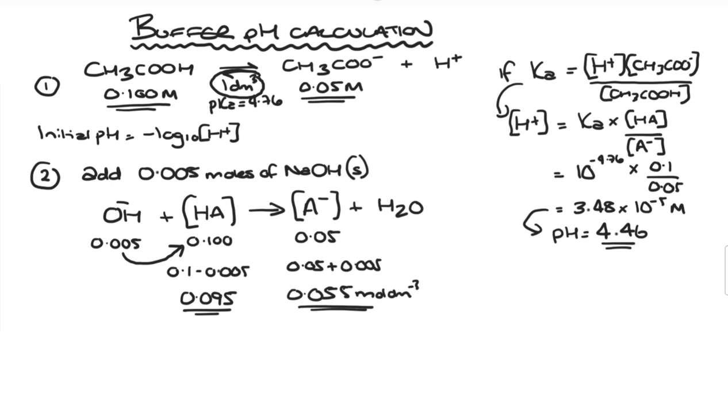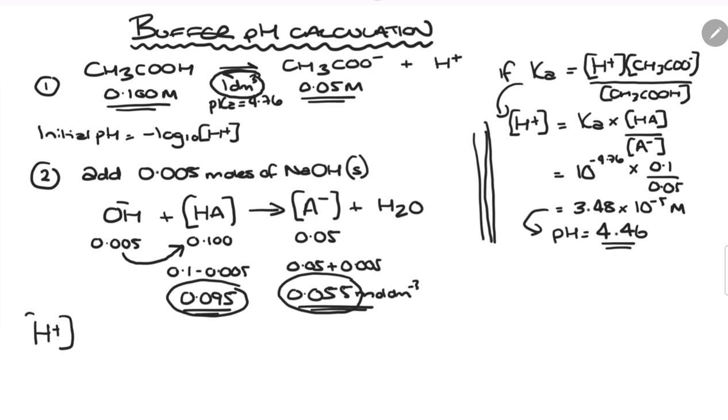Remember, buffers are only able to resist pH change on small additions of acid or alkali, not a huge amount. But on the addition of this small amount of moles, we have these new concentrations of the HA and A minus, which means we can simply recalculate the H plus.